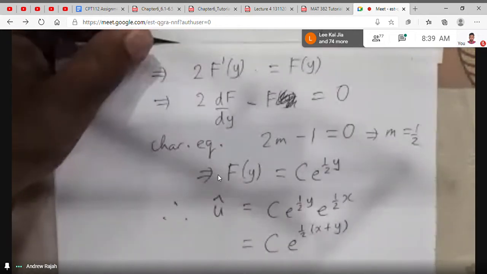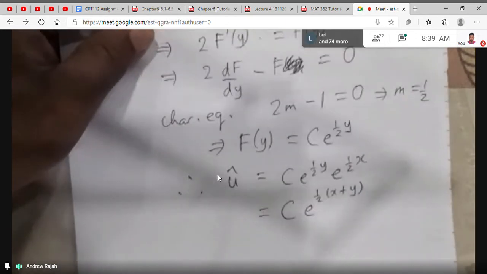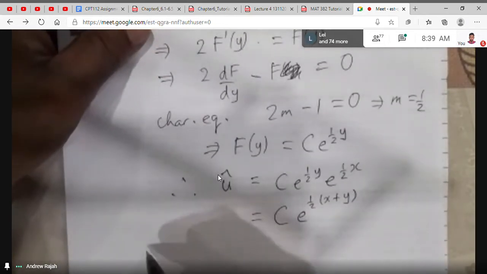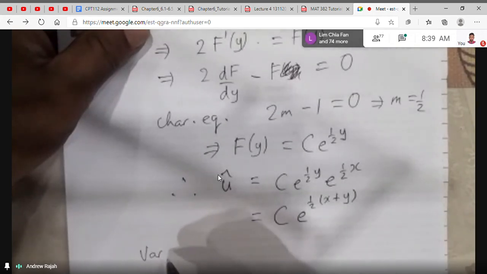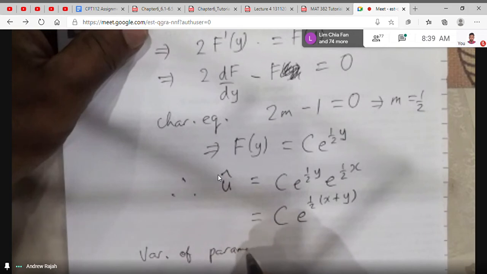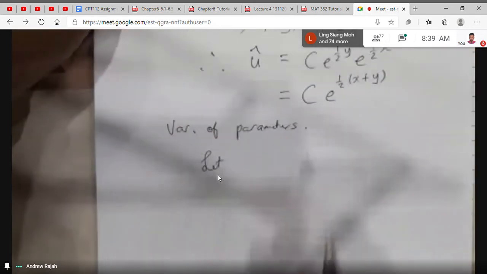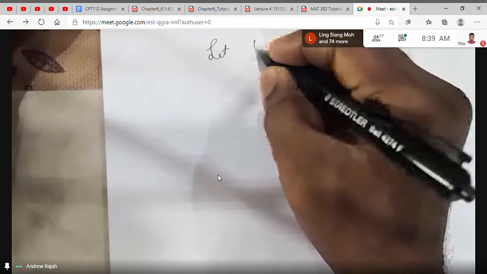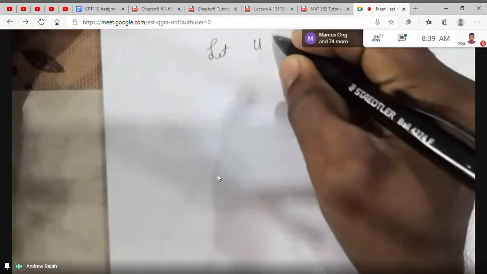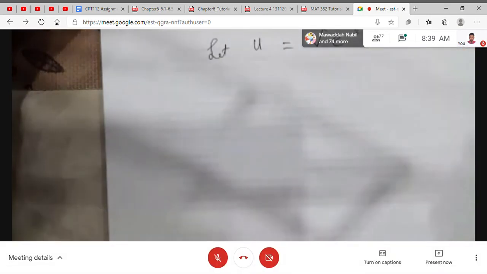Okay, so now use the variation of parameters method. Let u equals to v e to the power of half x plus y.